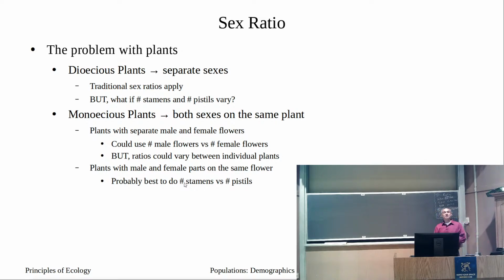Perhaps our answer to calculating the sex ratio would be to calculate the number of stamens and the number of pistils. So plants present this unique problem because of the variation in the plant world and the fact that we don't always have separate male-female individuals. And we do, but not throughout the plant world.